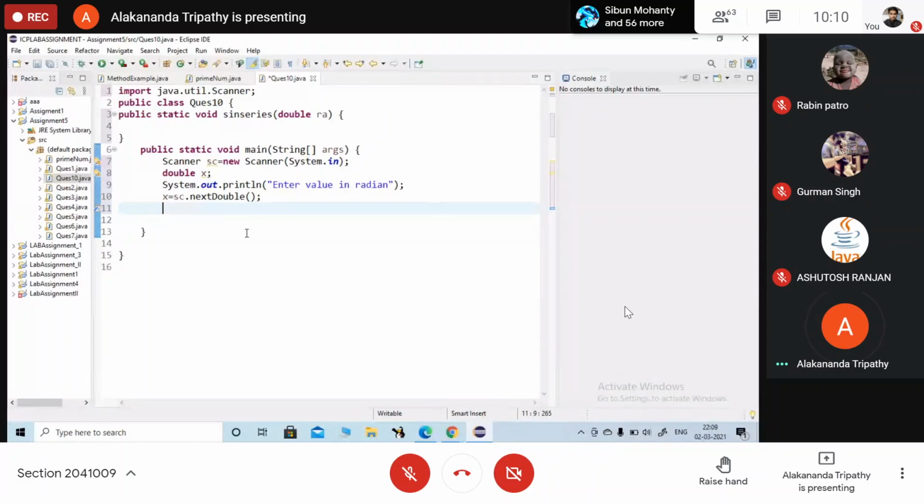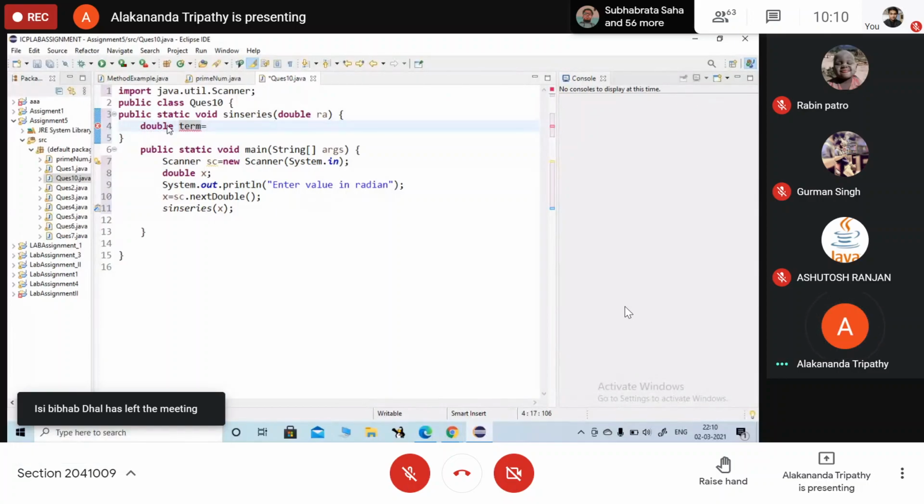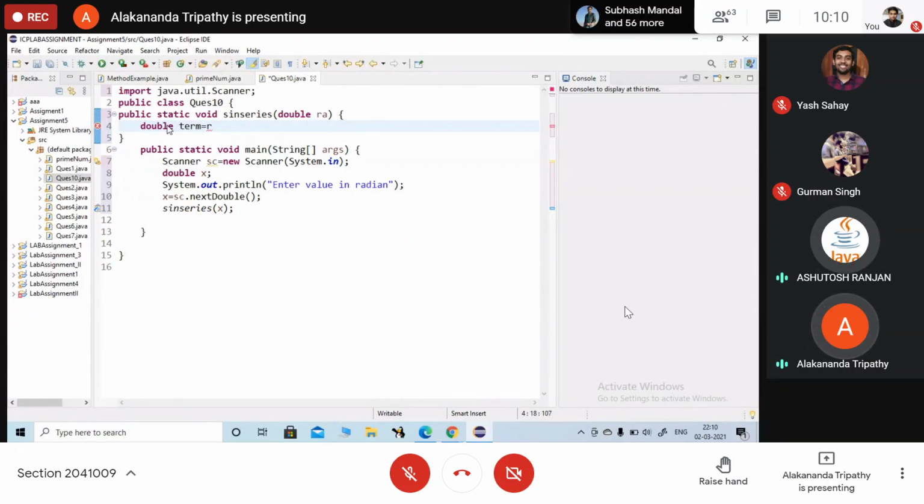Then call the method sine series. यहाँ पर पास क्या करोगे? x. You need to pass x. Now tell me what other variables you are going to define. What will be the initial value of term here? x. यहाँ पर हम लोग क्या लिए?